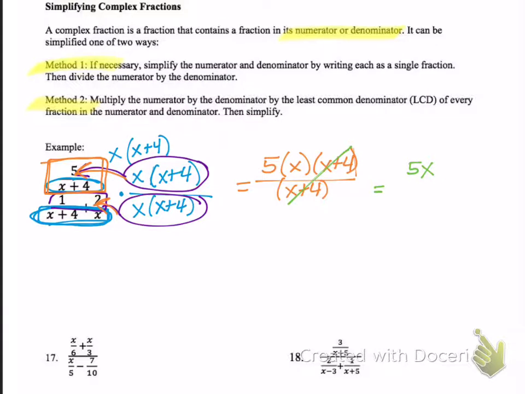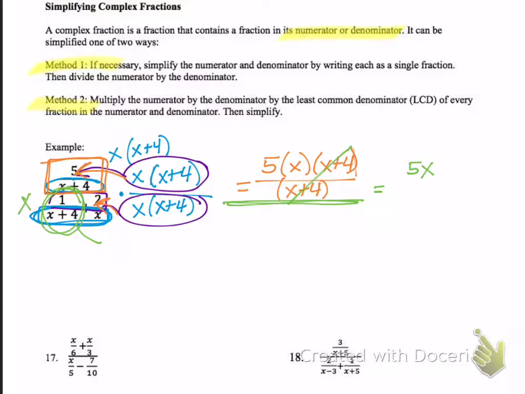Wasn't too bad. Then if I look at the bottom, now I'm looking at the denominator fraction. If I were to combine these at the bottom and have a common denominator, x times x plus 4, what would I need to multiply this by to get x times x plus 4 as a denominator? x, right?